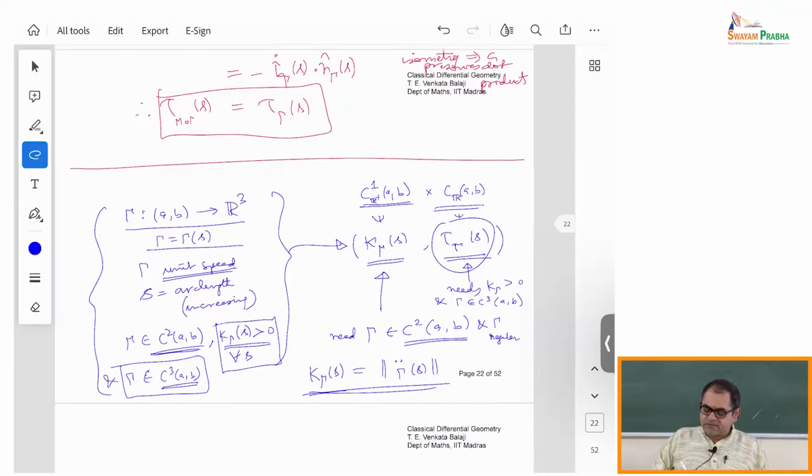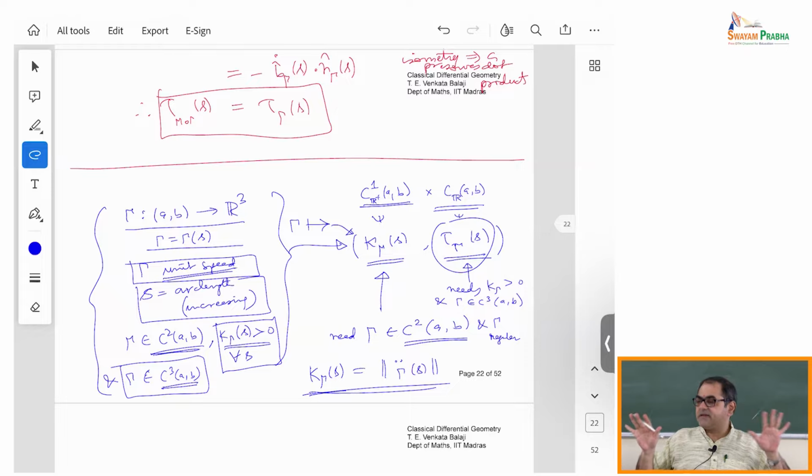That is the condition you will finally need, and you will need the curvature being always positive through the interval, okay. And gamma should be unit speed, parameterized by increasing arc length. So this is the set on the left side, and for that set, given any gamma, you are associating it to this pair, which is the curvature and the torsion, okay. So basically, we have set up a map, all right.